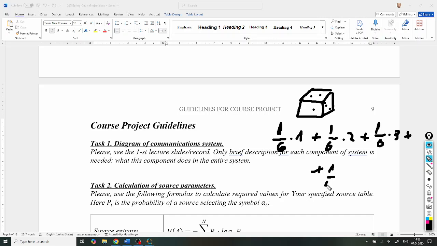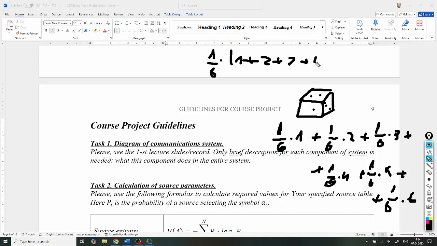1 over 6 multiplied by 4 plus 1 over 6 multiplied by 5 plus 1 over 6 multiplied by 6. So probability times some number. However, since this is a fair dice, which has the same probabilities, we can actually put that number outside of brackets like so: 1 over 6 multiplied by 1 plus 2 plus 3 plus 4 plus 5 plus 6.